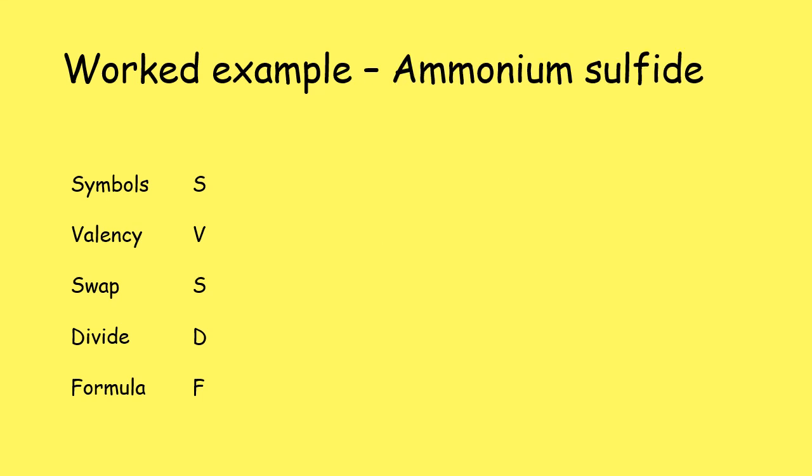Here we've got an example, ammonium sulfide. Ammonium is one of those 2 ions that doesn't end in ATE or ITE, that is still on the booklet on page 8. And sulfide means sulfur. The valency of ammonium is 1, the valency of sulfur is 2 because it's in group 6.